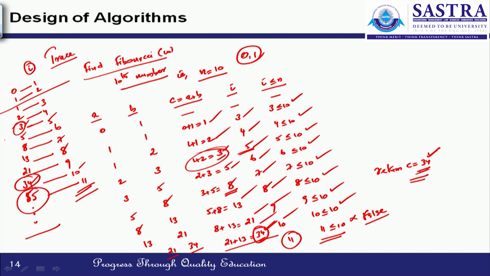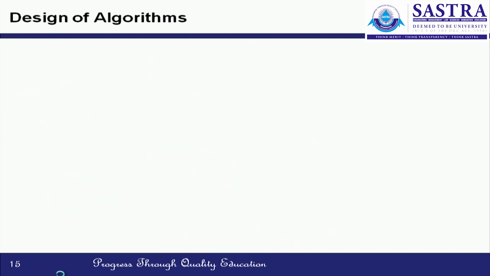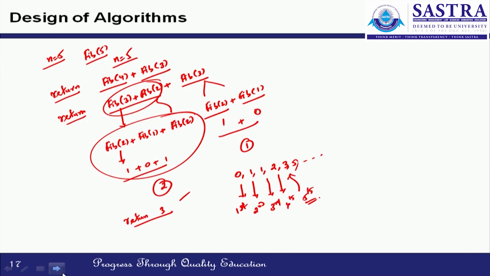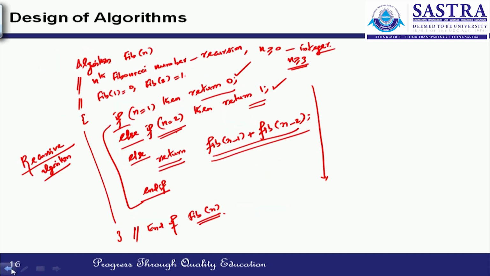The fifth number in that sequence is 3. So here the same, the fifth number in that sequence, fib of 5, the algorithm returns a value of 3. So the algorithm correctly implements the recurrence relation.